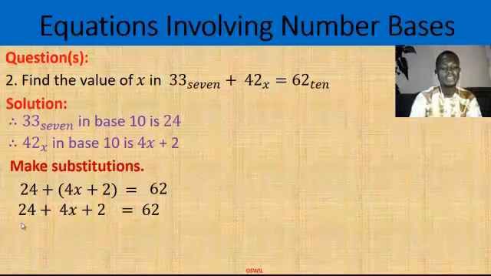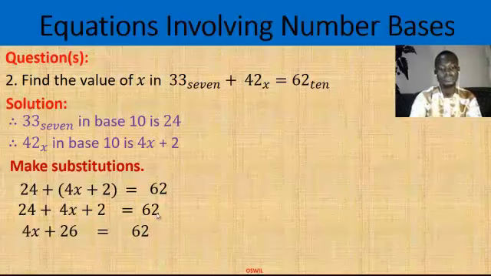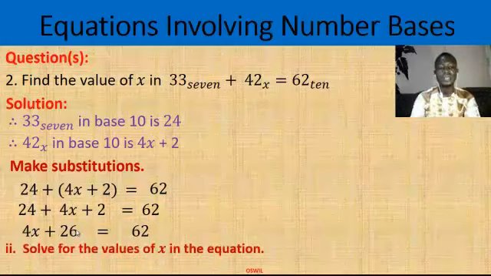Now, our next thing is to add 24 and 2 to get 26. So we may have 4x plus 26 at the left-hand side, then equal to 62. Now we have to solve for the value of x, and it is done by grouping like terms.